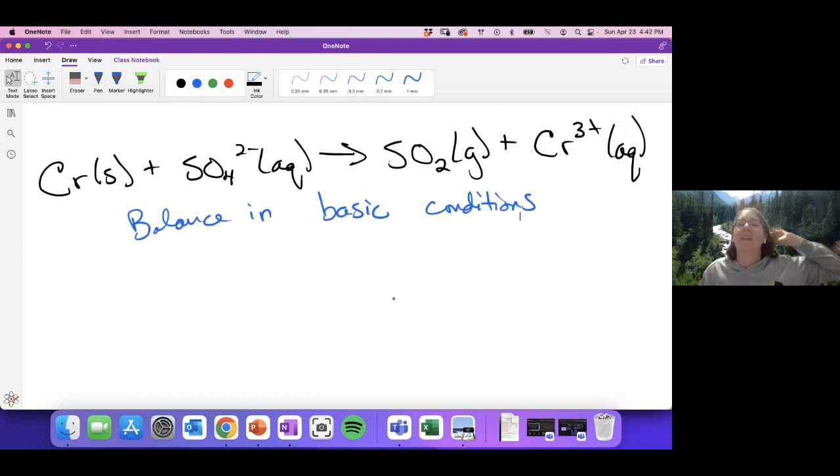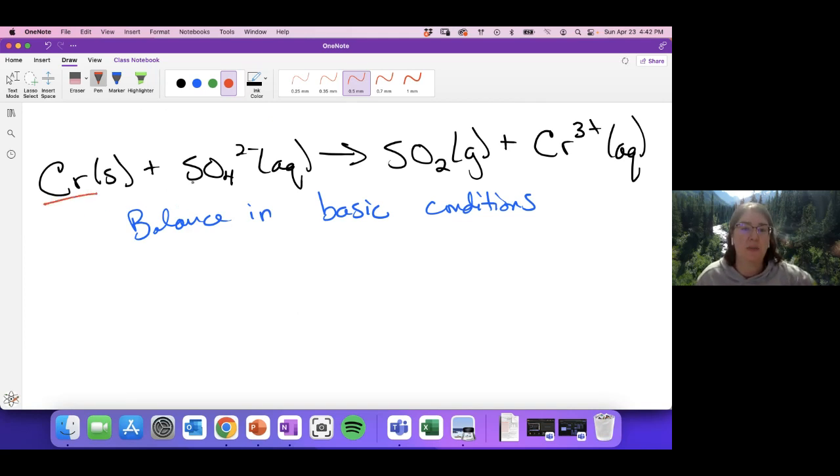Okay. So first off, in order to balance, what we're going to do is balance the half reactions, which means I need to put this in half reactions. When you're looking for half reactions, what you're going to look for is we're going to try to ignore oxygens and hydrogens, and we're just going to focus on things that are not that.